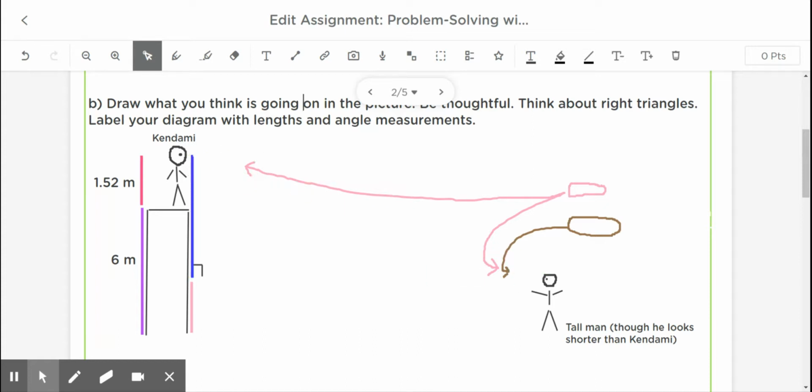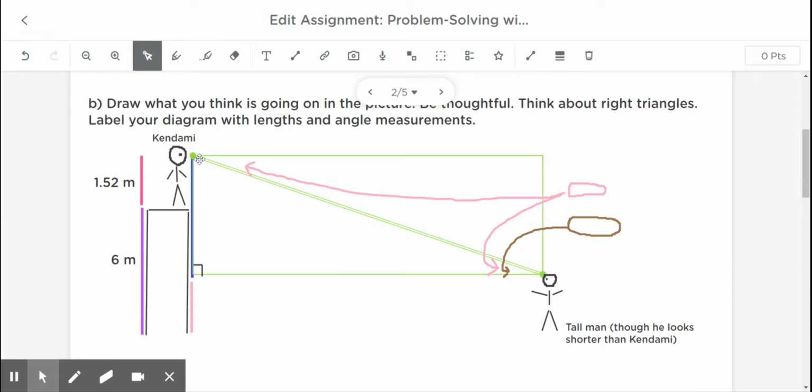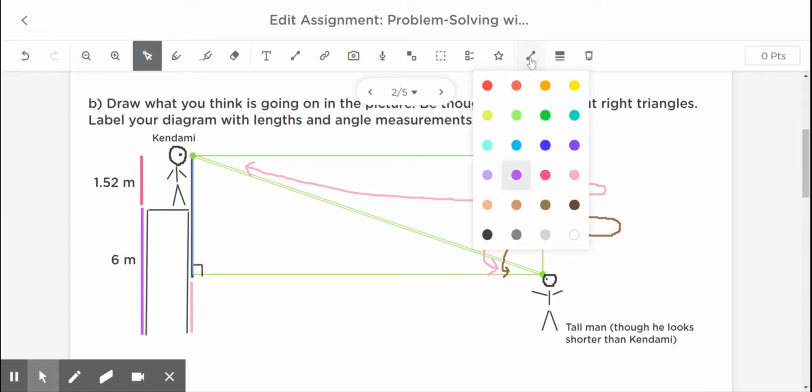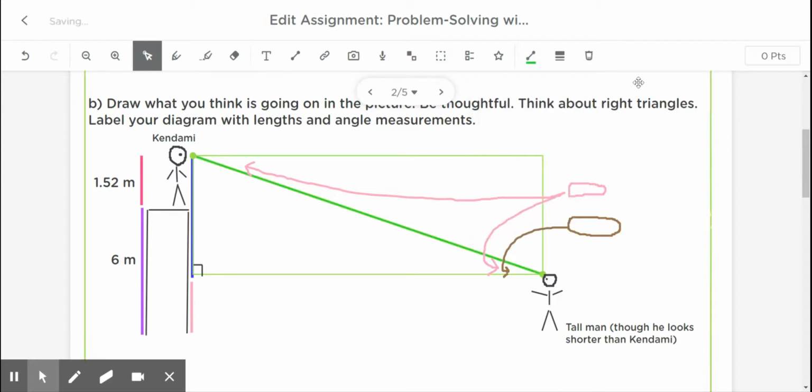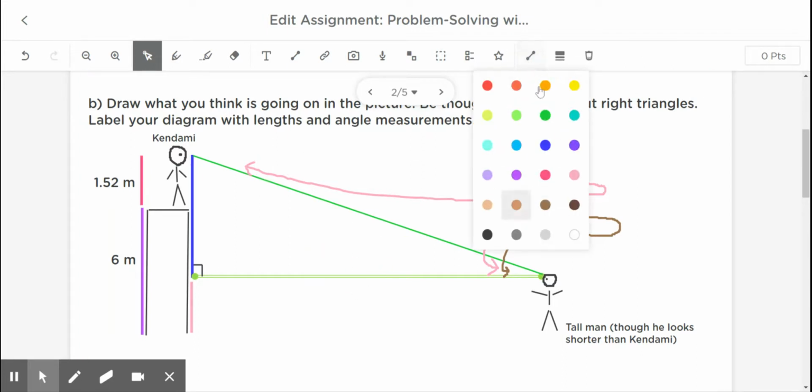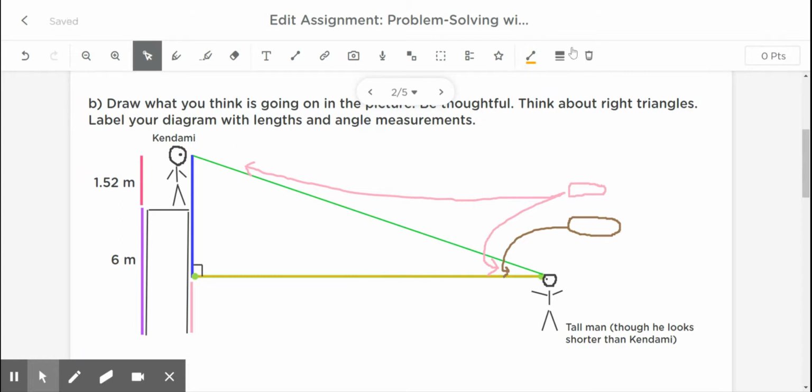Okay? So now she's looking down at the man, right? So let's take a look at that and see if we can figure out a right angle there. Do you see a right triangle? She's looking down at the man, and then straight across here, if we colored this in, that would be a right triangle.